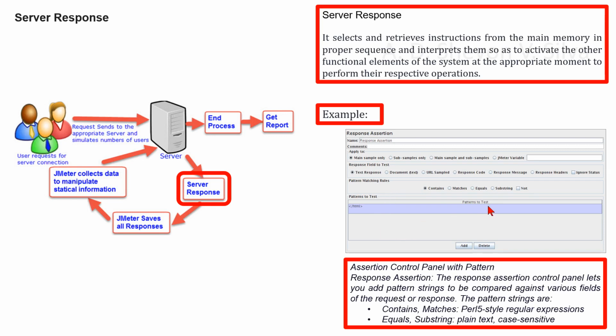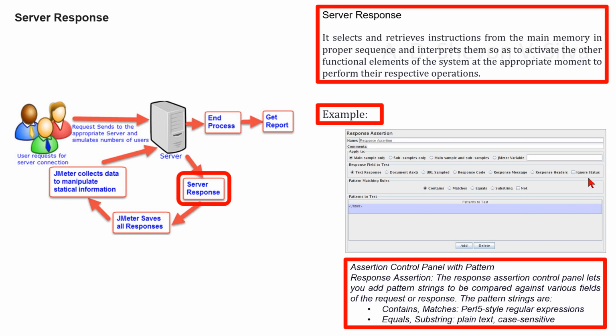Patterns to test attribute, a list of patterns to be tested. Each pattern is tested separately. If a pattern fails, then further patterns are not checked. There is no difference between setting up one assertion with multiple patterns and setting up multiple assertions with one pattern each, assuming other options are the same.